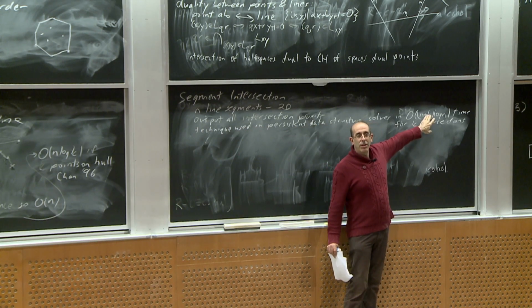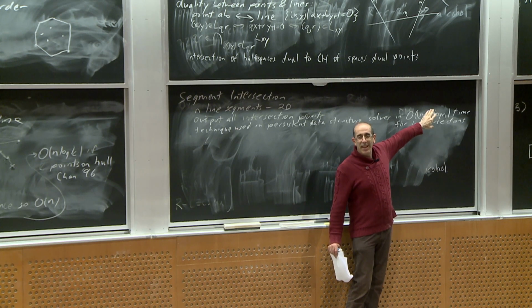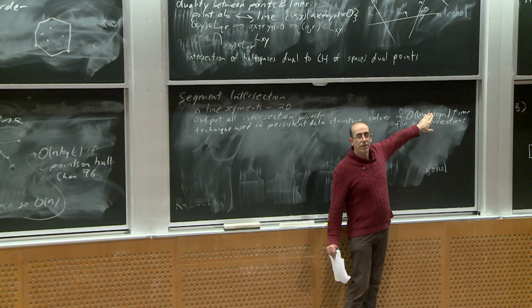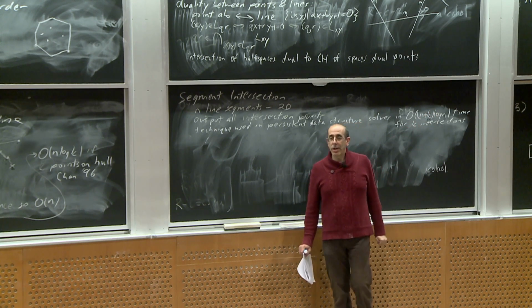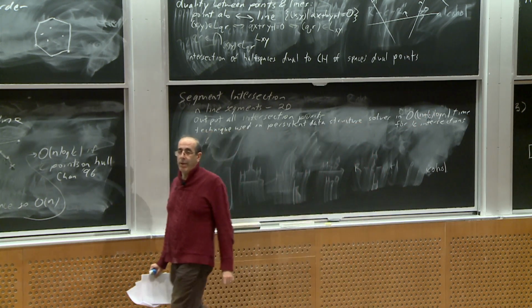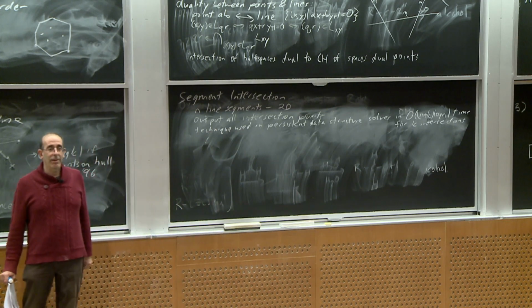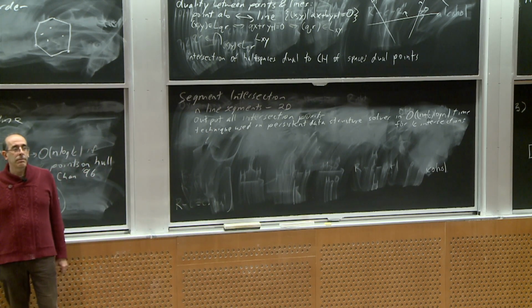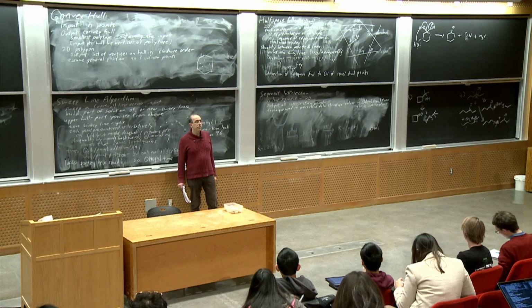If you're going to enumerate the intersections, you're going to have to spend k, and this spends only k log n. Now, in the worst case, there are n squared intersections, and this will take n squared log n time. But in the cases where the number of intersections is small, this significantly dominates the n squared time of the naive algorithm. Any questions?